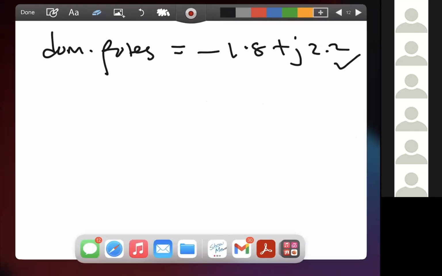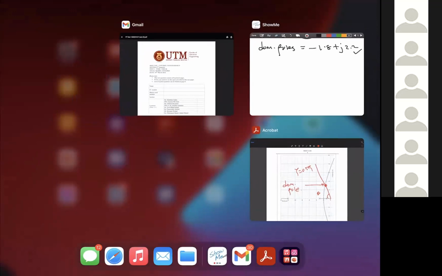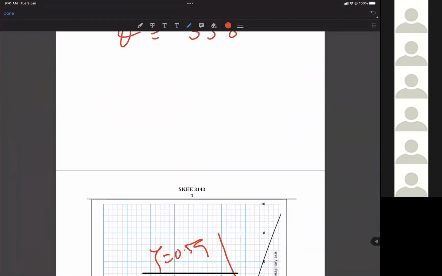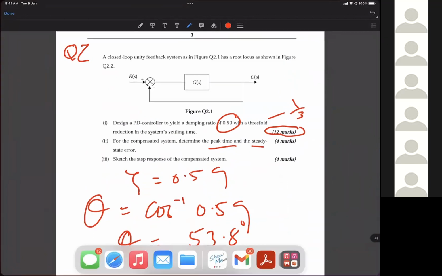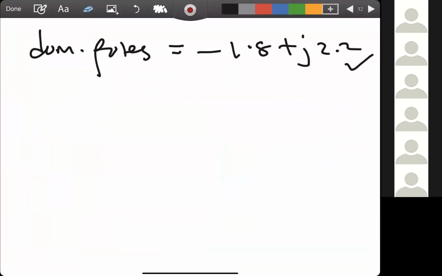So actually the question is a threefold reduction in settling time. Understand? So you have to play with the settling time.